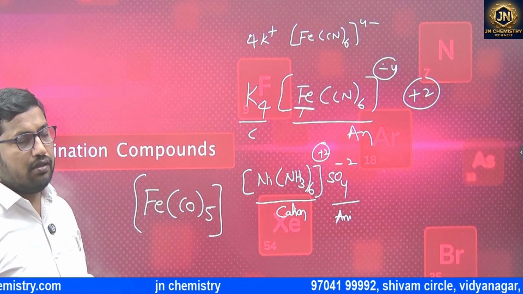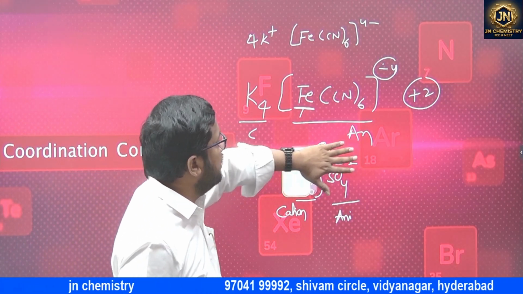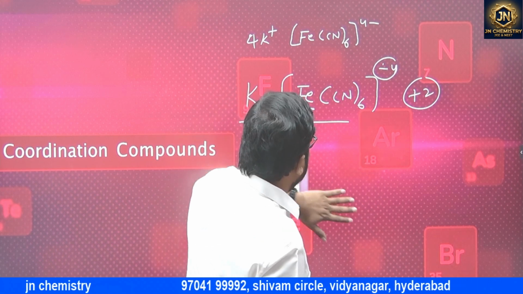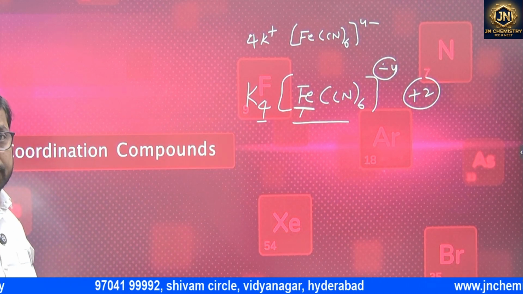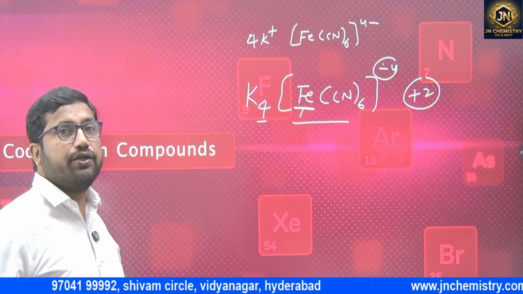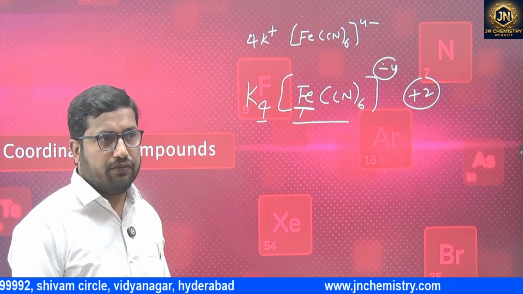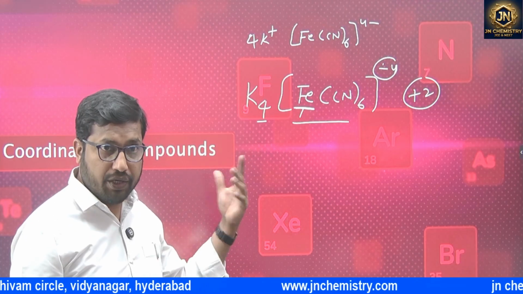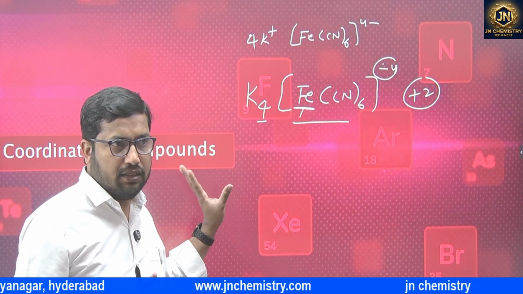We need to know the IUPAC nomenclature. Once again, I will discuss each and everything in detail, because I am just giving you the introduction of what exactly we are going to learn and the importance of this topic.